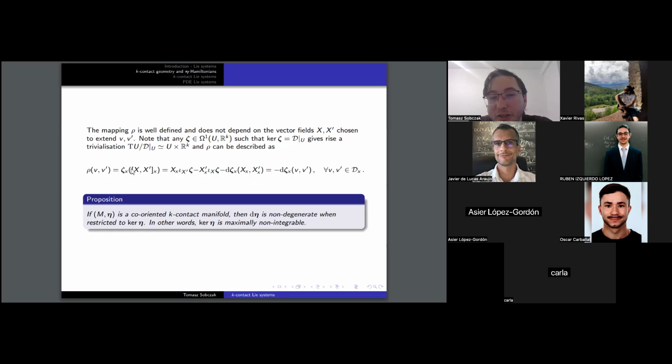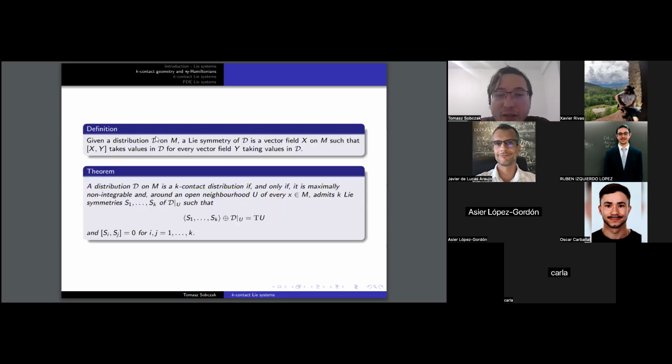If we restrict our rho exactly for this D, our d eta has to be non-degenerate, meaning it has to be maximally non-integrable, because we had the condition that the kernel of eta and d eta do not intersect. So this follows from it, and in other words, eta is maximally non-integrable. This proposition comes with an additional definition that I will provide, which I want to underline because we'll heavily use it from now on.